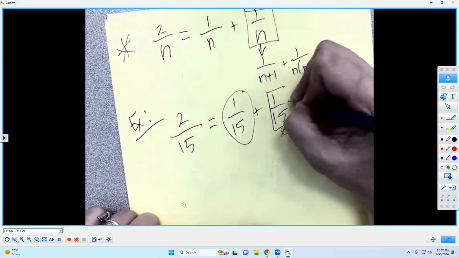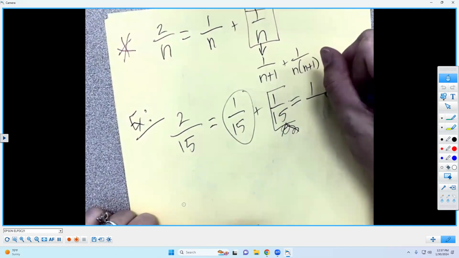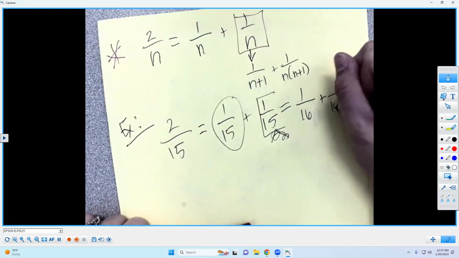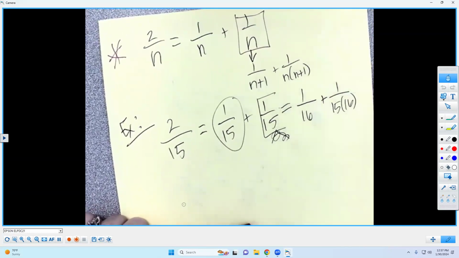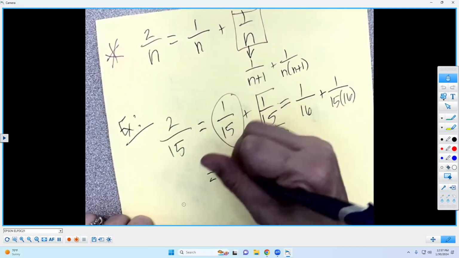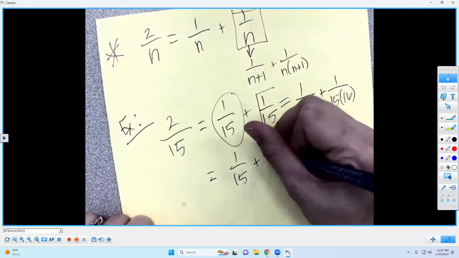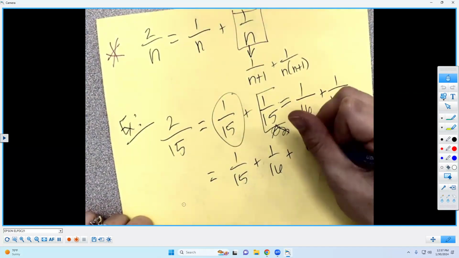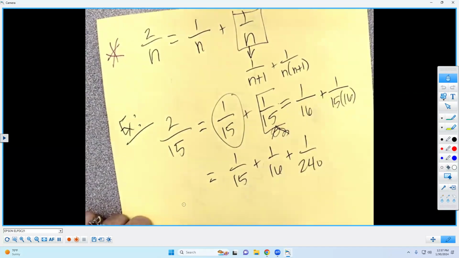This part equals 1/16 plus 1/(15 times 16). So my sum would be 1/15 plus 1/16 plus, 15 times 16 is 240, 1/240.